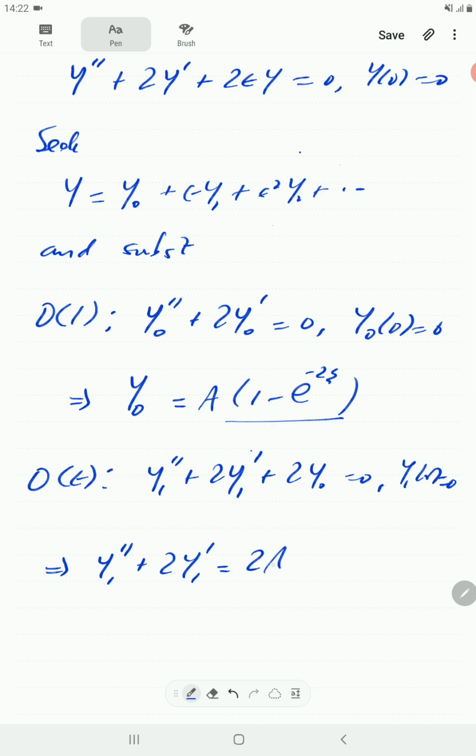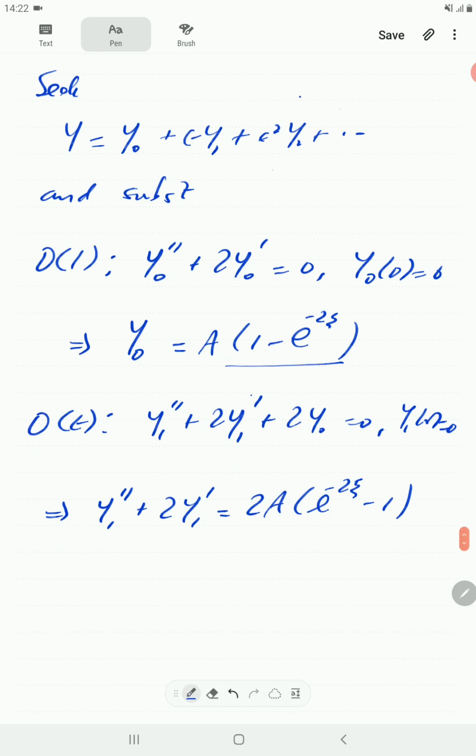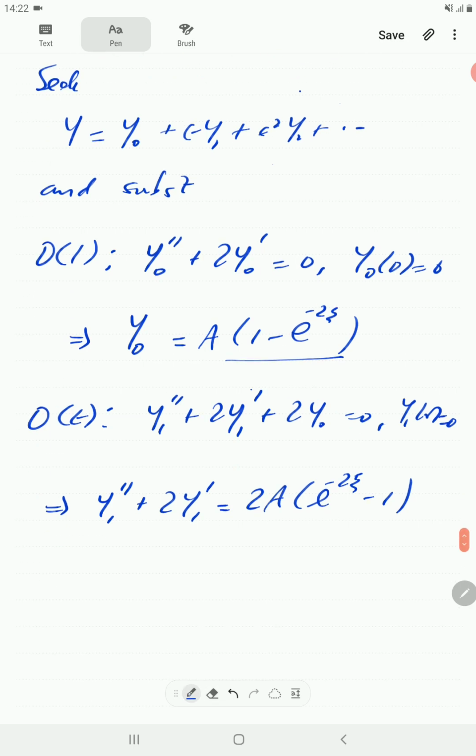So that's going to be 2A times e to the power minus 2 xi minus 1. So this is a linear second order ODE with a non-homogeneous term on this side. There are many ways of solving it. We could just integrate here, and then we're going to have a first order ODE.